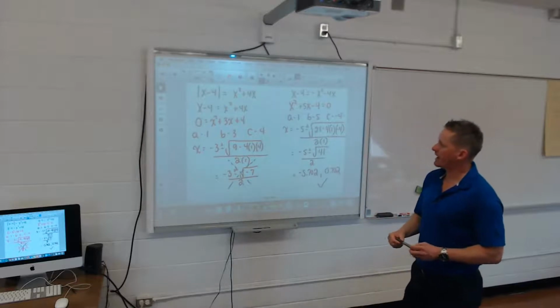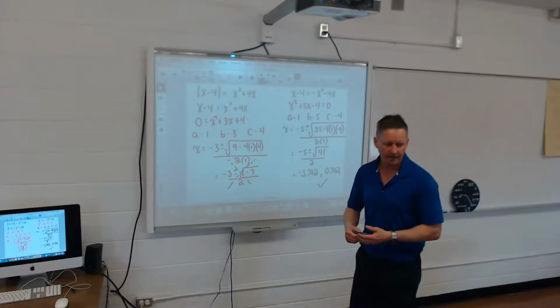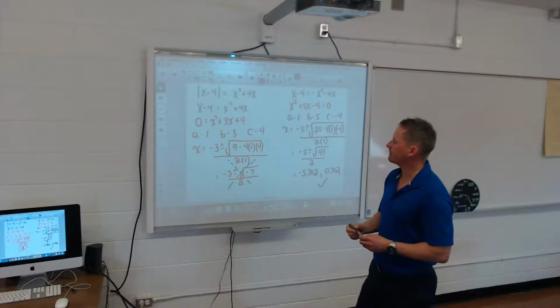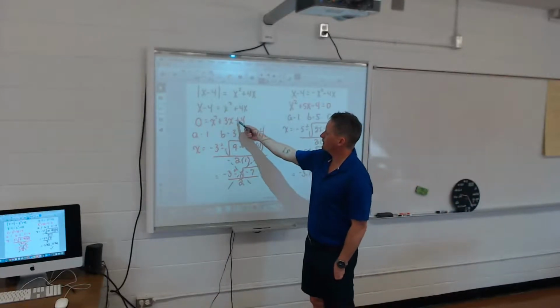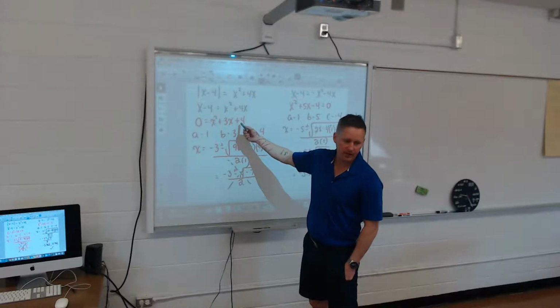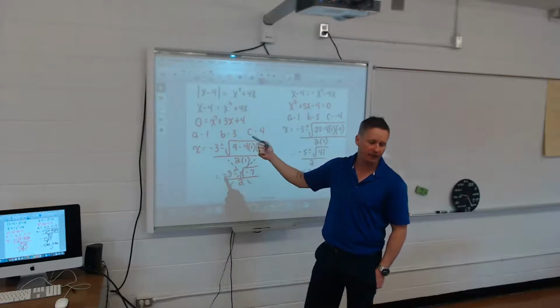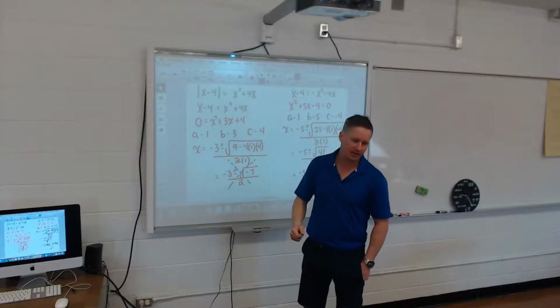You would have had a negative, a negative, and a negative if you moved them all to the left side. Do you have them all as negatives? Yeah. Okay, then you can't factor it, because in order to get a 3, you would need this +4 to be a -4, because then you could do x add 4, x subtract 1. But if they're the same value, I can't do it.